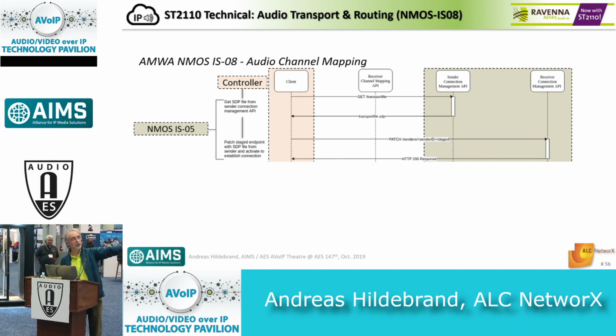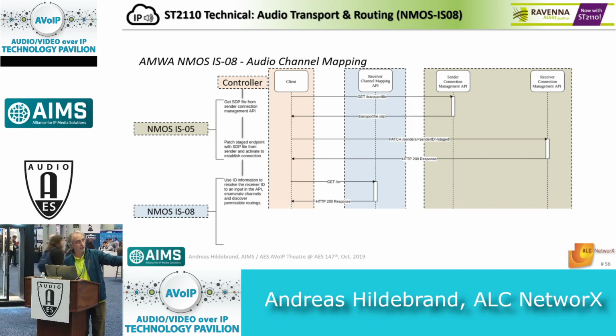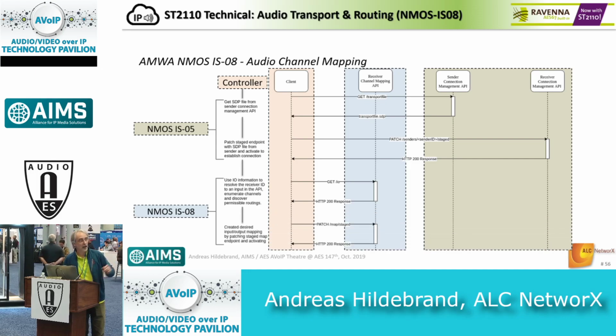These are the 2 steps which need to be executed for IS-05, and then IS-08 kicks in, where the receiver channel mapping API plays a role. The controller gets the information about the receiver channel mapping capabilities, the physical IOs, the input channel IOs, and then executes the patches on the receiver channel mapping API.